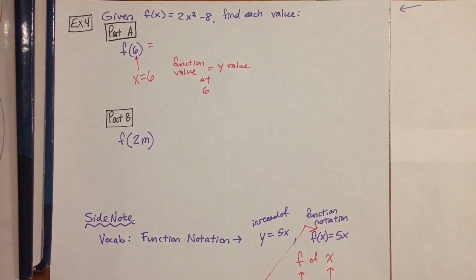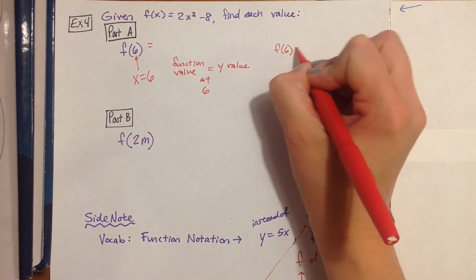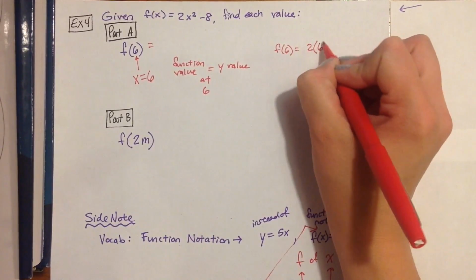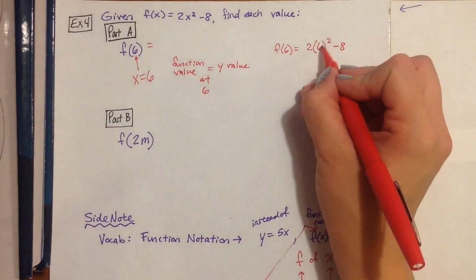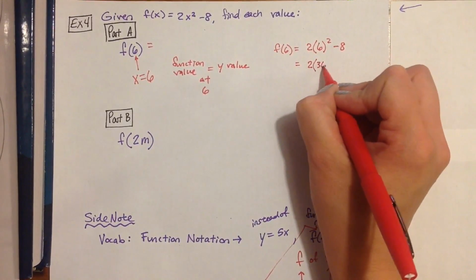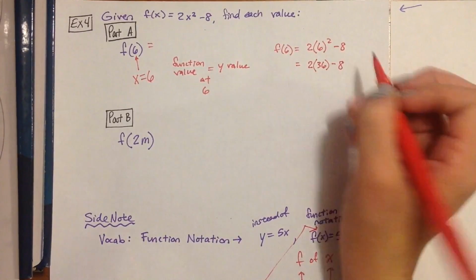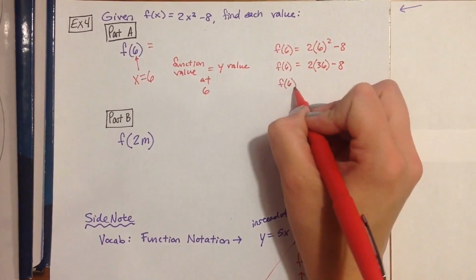All I'm going to do is plug in 6, which we were just doing on the other page of the notes. So f of 6 is 2 times 6 squared minus 8. Order of operations, I do the exponents first. So I have 2 times 36 minus 8. That's f of 6.